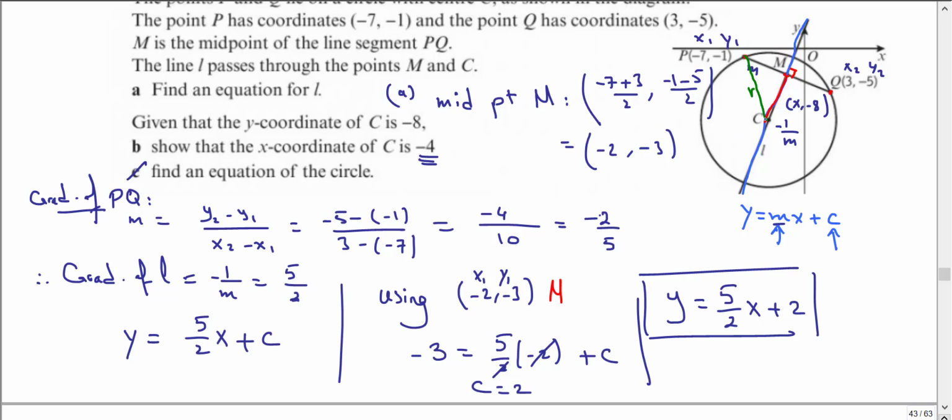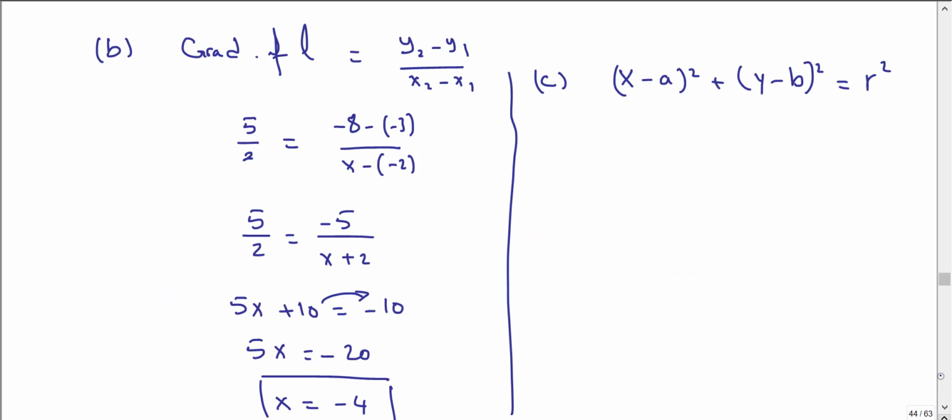So find the distance from the center to point P. How to find distance? I said it last time. Last time I wrote it and I said memorize it. It's very important, but you didn't memorize it. What's the formula we use to find the radius or the distance in general? Distance formula.